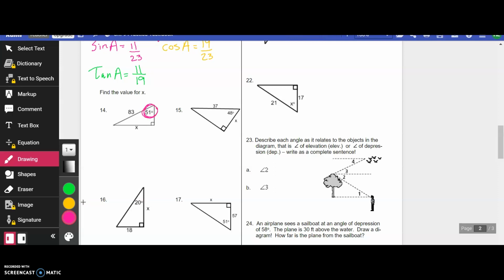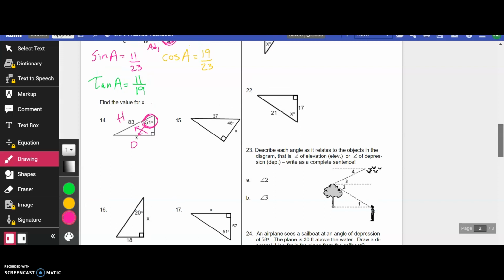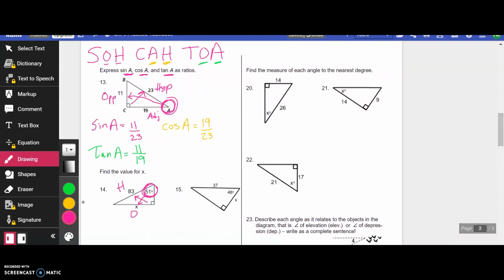Step 2 is we label the sides. So across from the 90 would be the hypotenuse. This X is all the way on the other side of the triangle, so that would be the opposite. Again, going back up to my top and looking, I have the opposite and the hypotenuse, so that means I'm going to use my sine function.